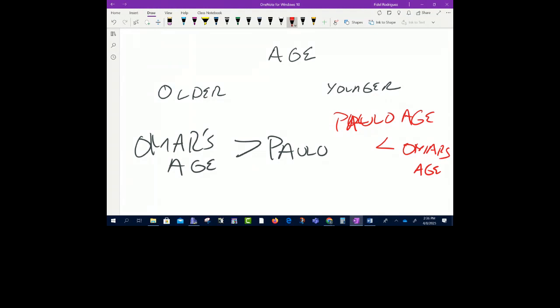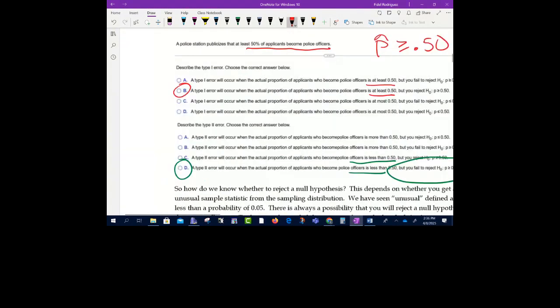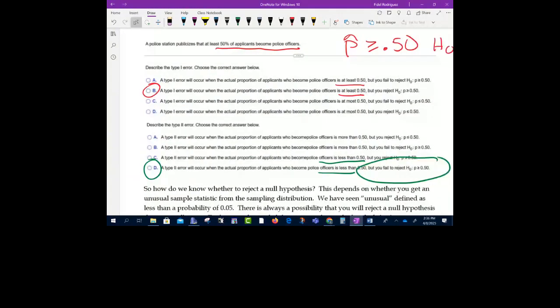But see how we're using the terms like older and younger? It's the same sort of idea, right? When they say at least 50%, that means 50% or more. So the opposite would be less than, right? Sometimes it's those little terms that throw people off. So just be careful as you're going through that, okay?